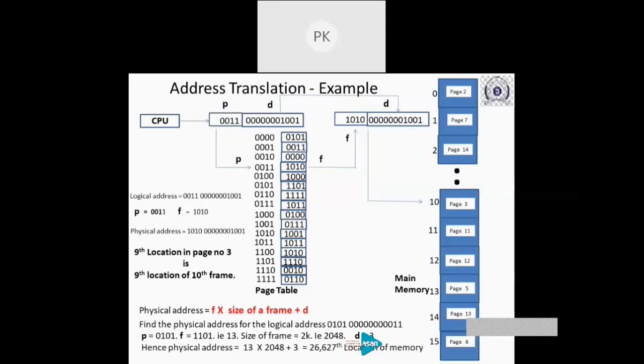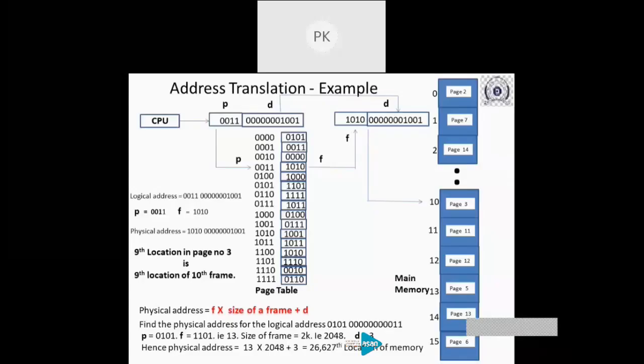The page number is 0011 and the offset is 00000001001. That is the third page. 0011 stands for decimal 3, and the decimal value of the offset is 9. Third page, 9th word. p is an index to the page table.